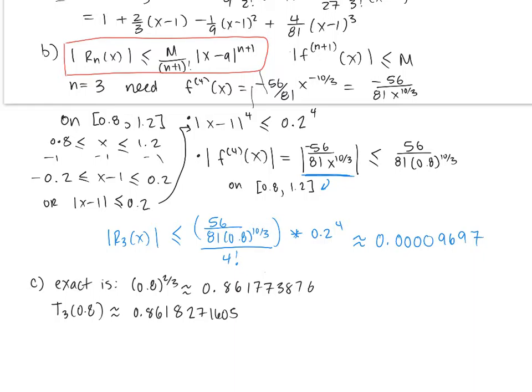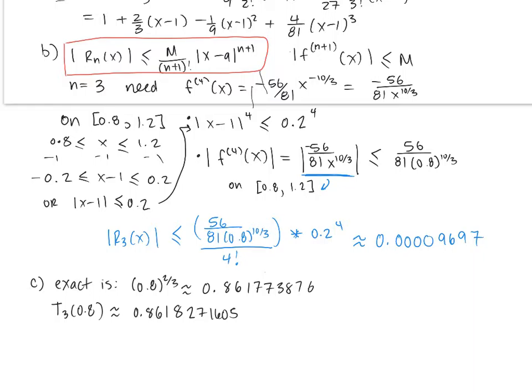So then if you subtract those two, do you get a number that's less than this? It looks kind of suspicious to me, like I have one extra decimal. The exact is 0.86177, so you subtract T3 from that. You can do it either way, you just get a negative number in one direction, and you take the absolute value.